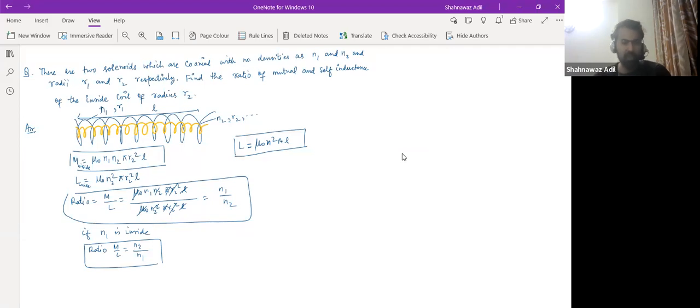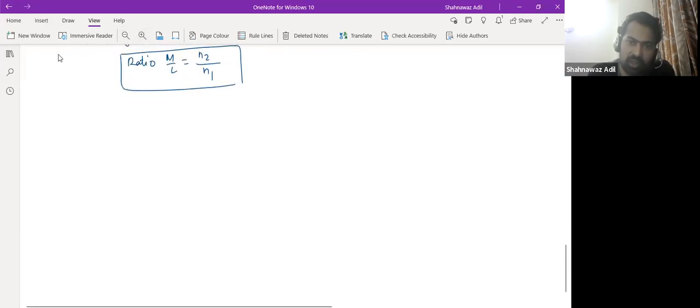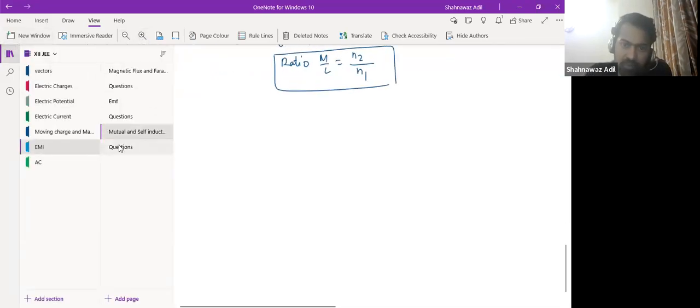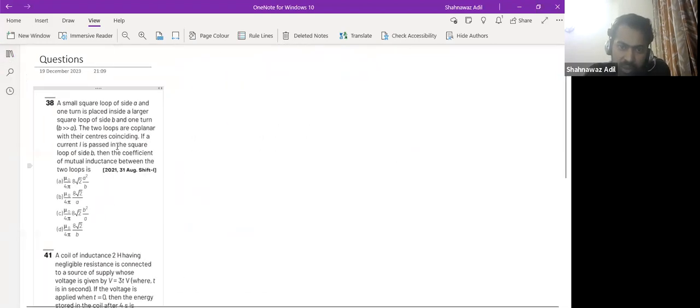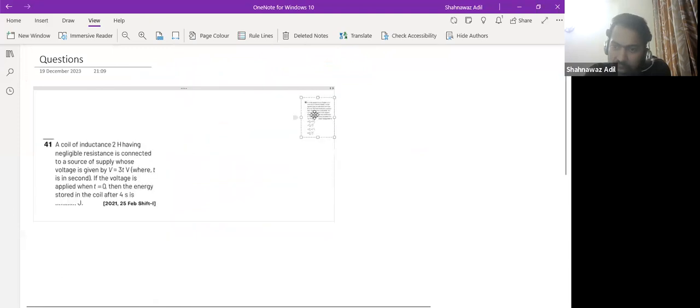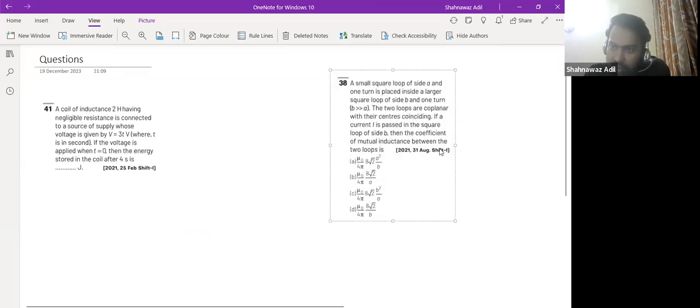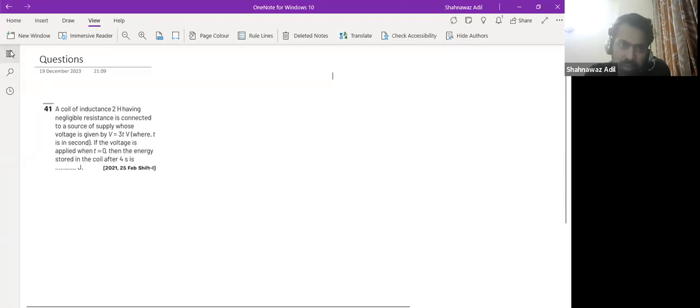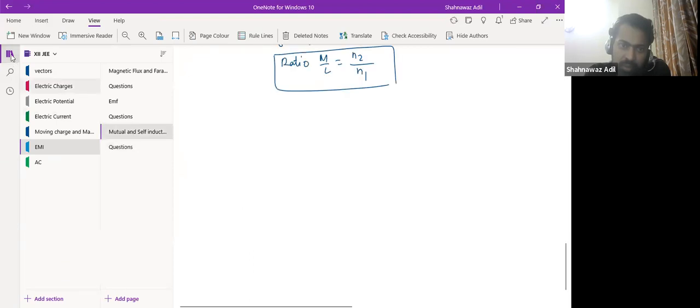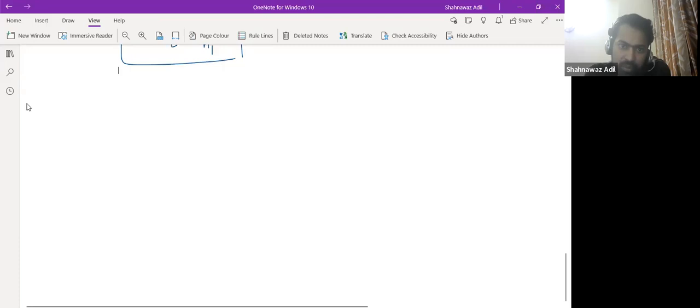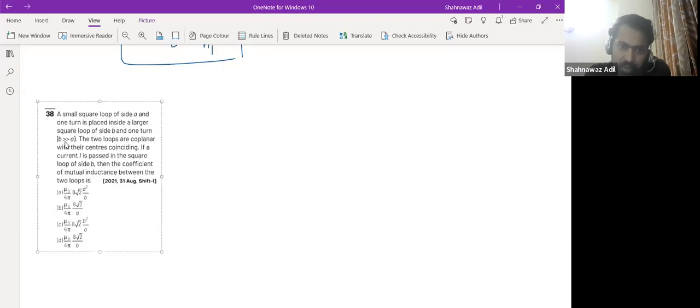Okay, so now let us do a difficult one. A small square loop of side A and one turn is placed inside a larger square loop of side B and one turn.